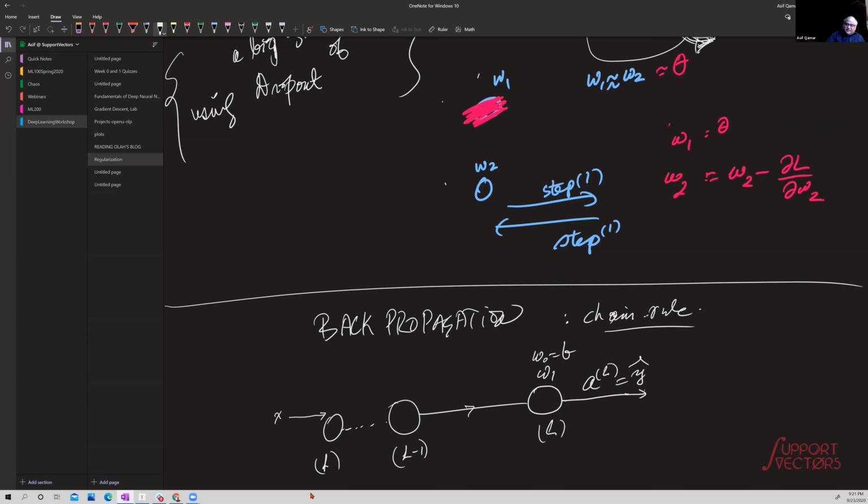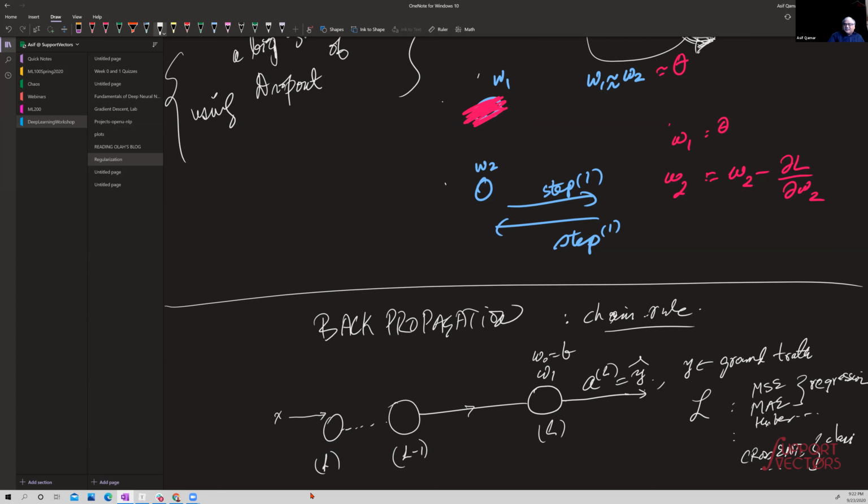Now, you know that given y hat and y, which is the reality, the ground truth, you can compute the loss function. The loss function could be MSE, mean absolute error, Huber regression, and so on, whatever your loss function is, or it could be cross entropy, etc., for classification.